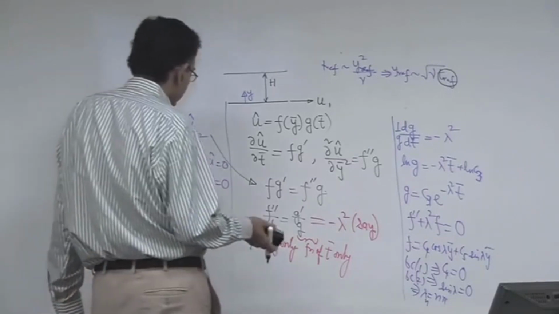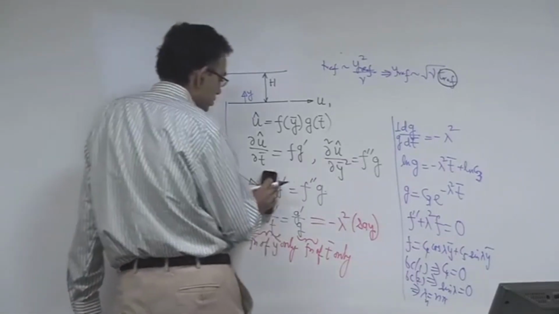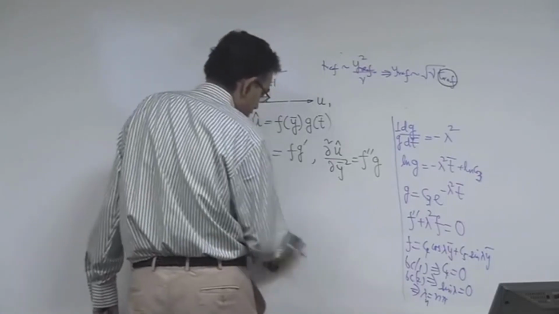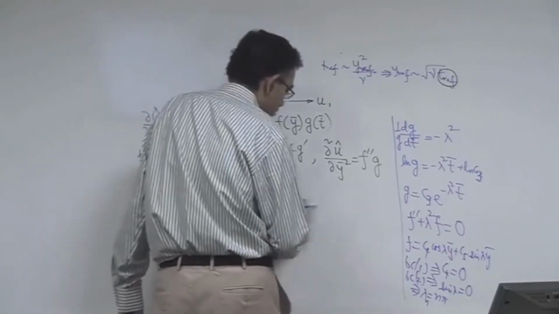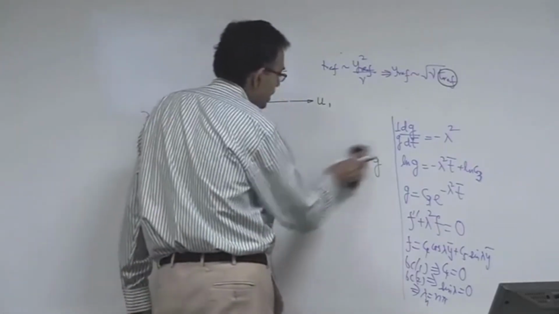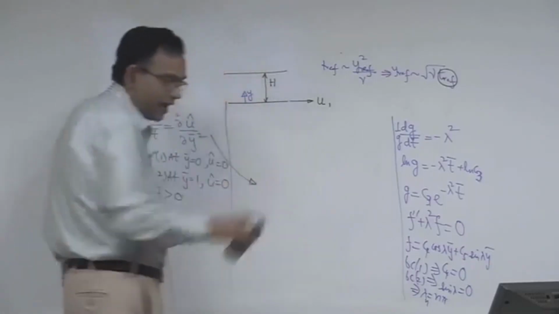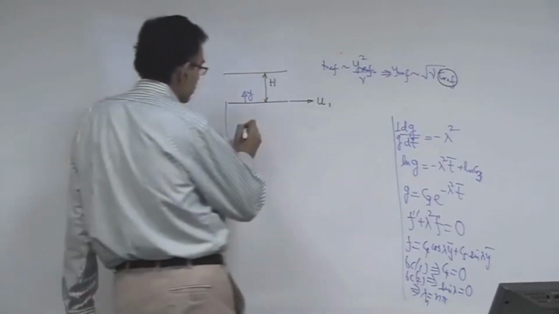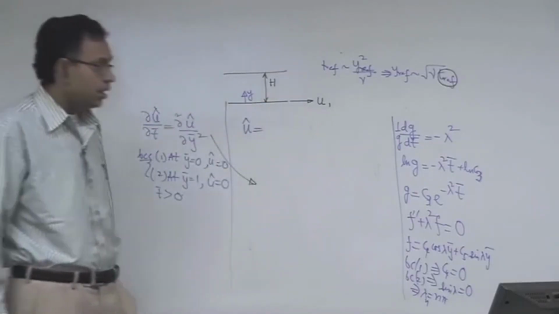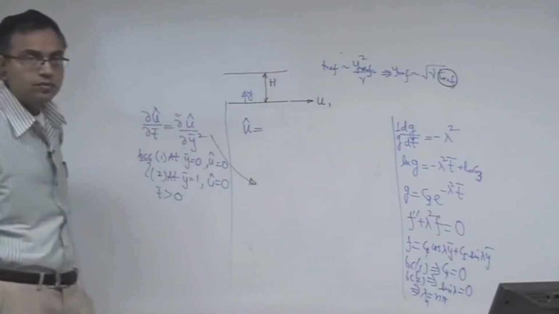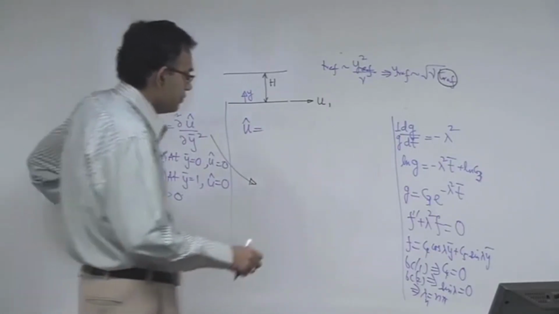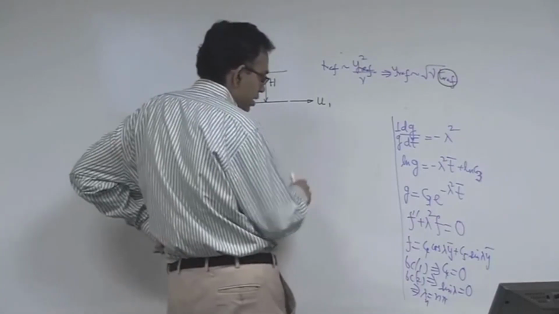Now, let us write the solution. U hat is equal to f into g.